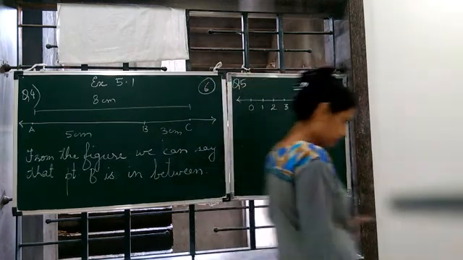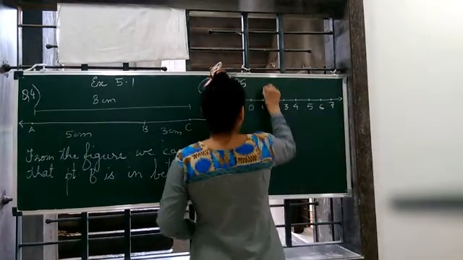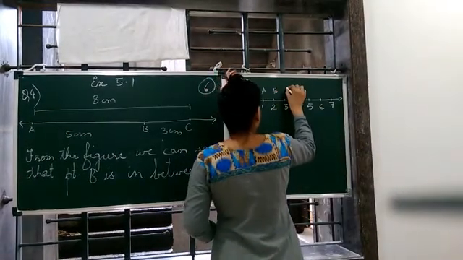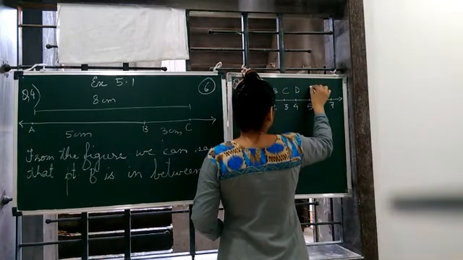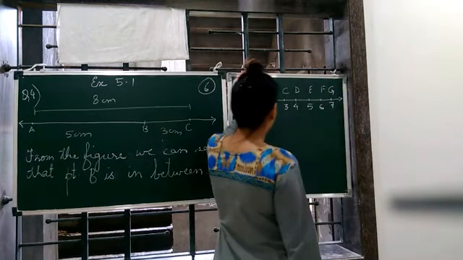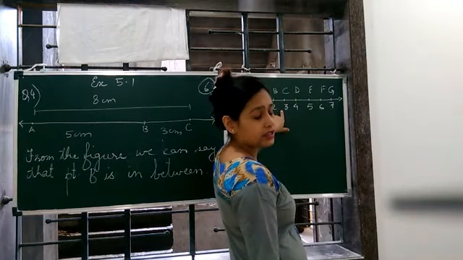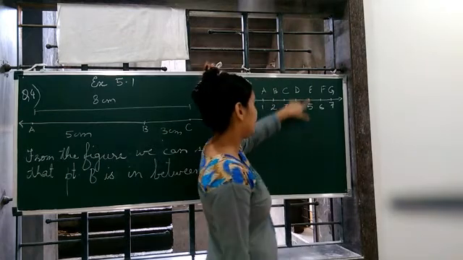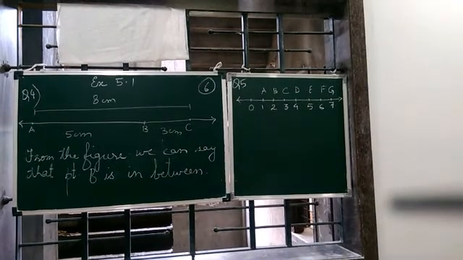7. A, B, C, D, E, F, G. These are the points. Point A is here on 1, then B on 2, C on 3, then D on 4, E on 5, F on 6, and G on 7.